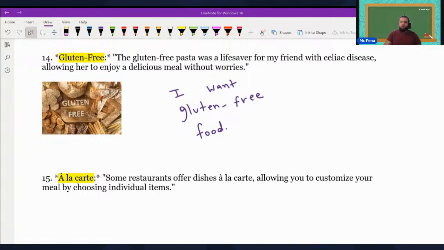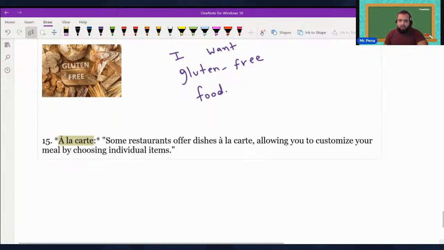And now we go to our last word. A la carte. Here's the full sentence. Some restaurants offer dishes a la carte, allowing you to customize your meal by choosing individual items. So, a la carte. Here is an a la carte menu.